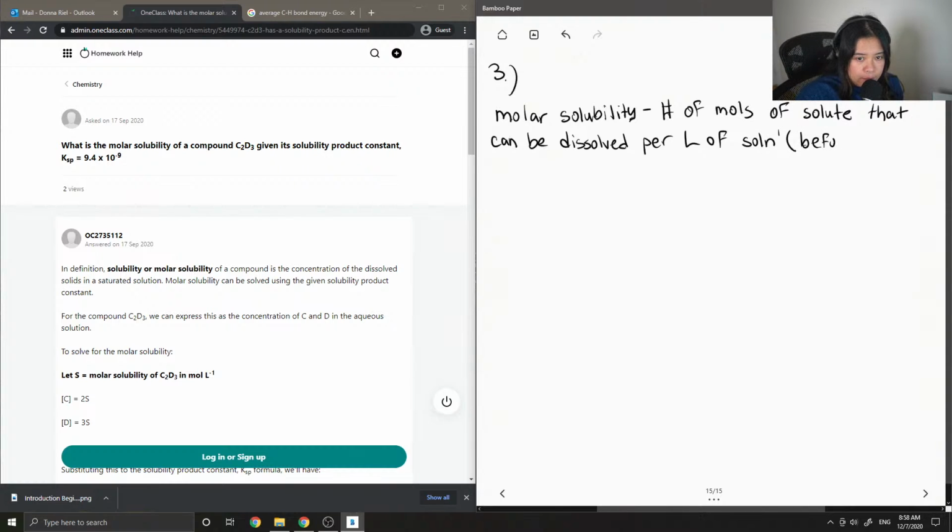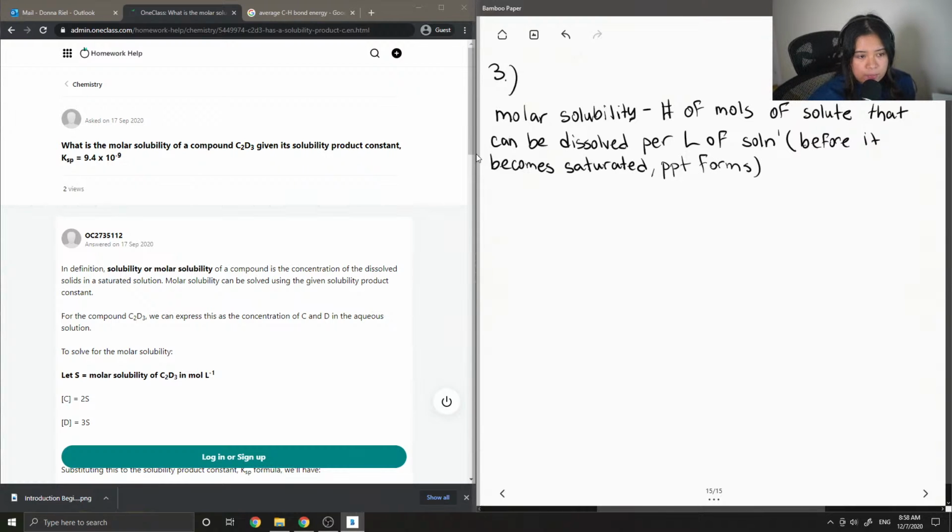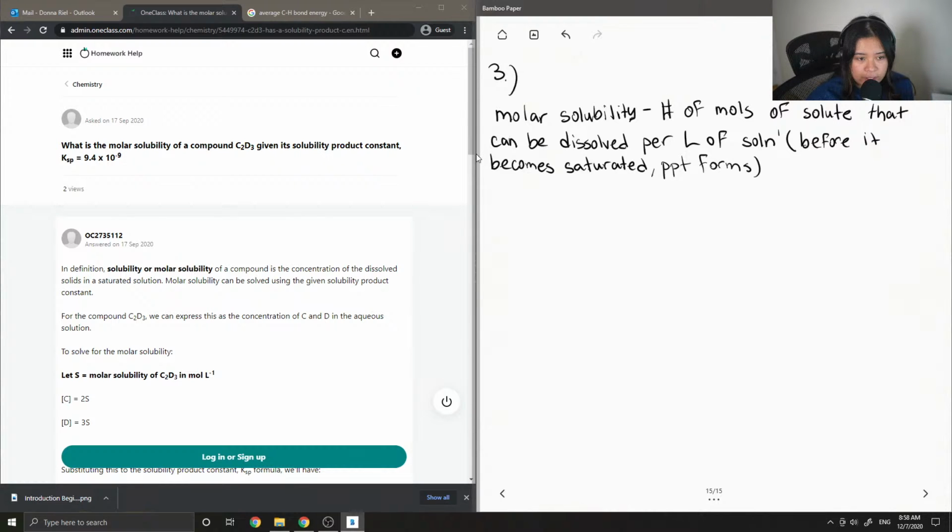And then this is before it becomes saturated. So you know a solution starts to become oversaturated when a precipitate starts to form.